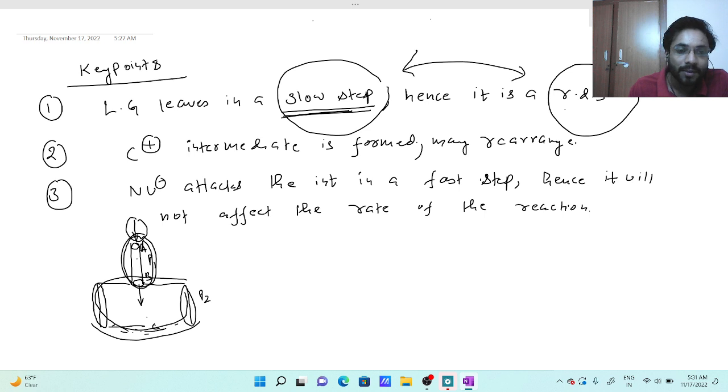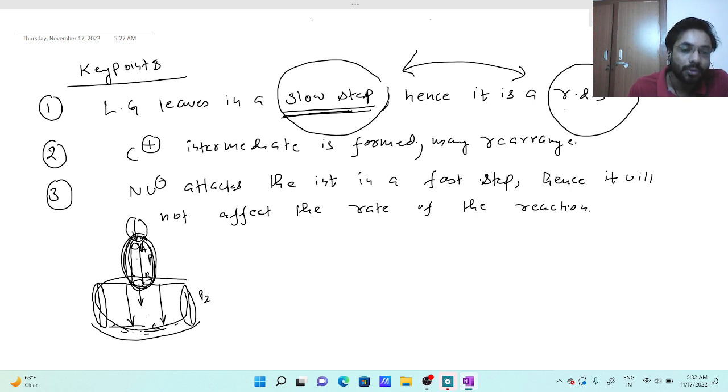So the rate is only affected by this narrow pipe. Maybe the other one takes time, but that is negligible as compared to this one.